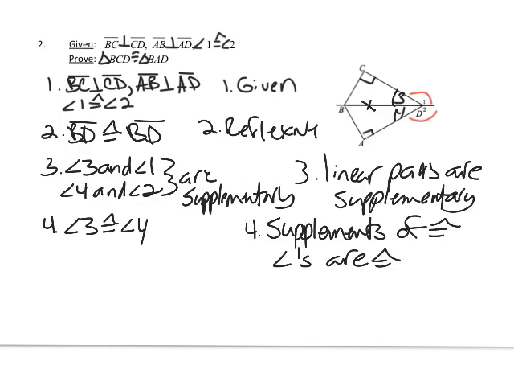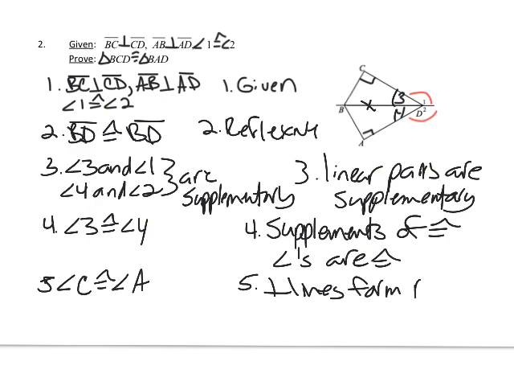Now I also have to say angle, what do I want to say? Let's do it in one step. Angle C is congruent to angle A because perpendicular lines form right angles and right angles are congruent.